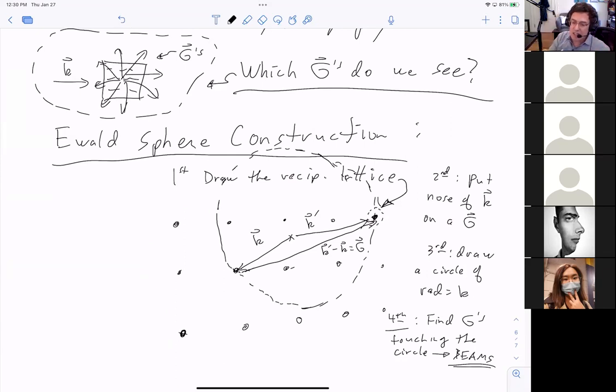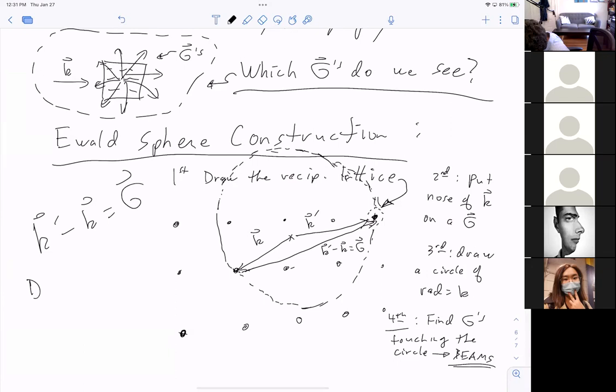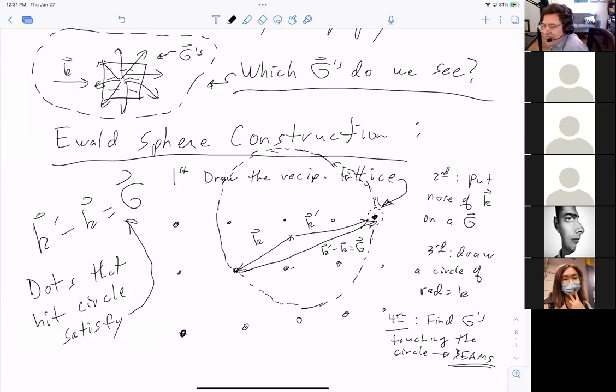And so those are all the possible K primes, but the only K primes that get scattered are the K primes that satisfy K prime minus K equals a reciprocal lattice vector. And so the dots that hit the circle satisfy this relationship. All right, so that's the point.